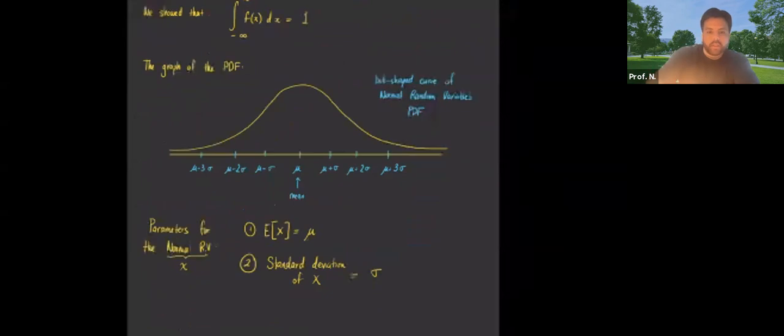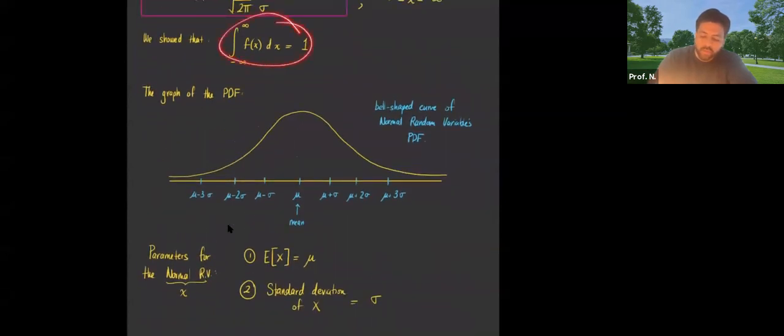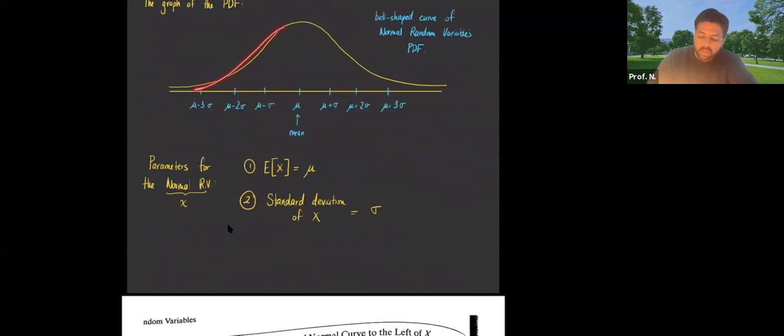Okay. After we've learned about all of that, we also touched upon a few extra things. Every time we learn about a new random variable, particularly in the world of continuous random variables, we discuss the probability density function. We show that the integral of the PDF is equal to 1. We try to understand what the graph of the PDF looks like. We try to figure out what the parameters are.